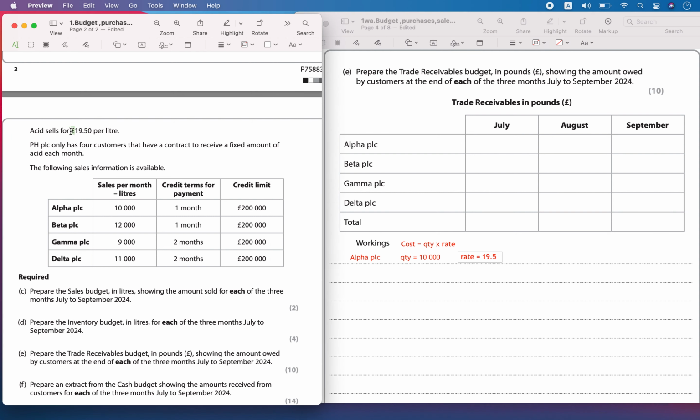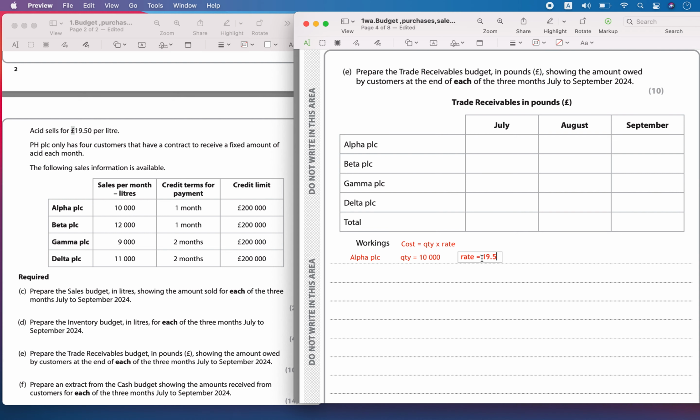Now the selling cost, or the revenue earned by selling this, for Alpha PLC for the month of July will be equal to 10,000 times the rate 19.5, so that is equal to 195,000. So this is the revenue I should be getting.